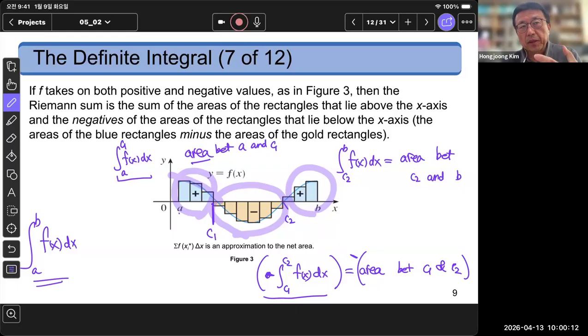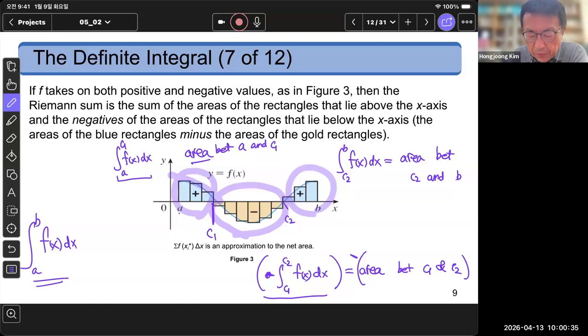So for the interval between A and C1 and the interval between C2 and B, you get positive values representing the areas of two regions above the x-axis. But the integration between C1 and C2, you get the negative value. So what I get is the following.